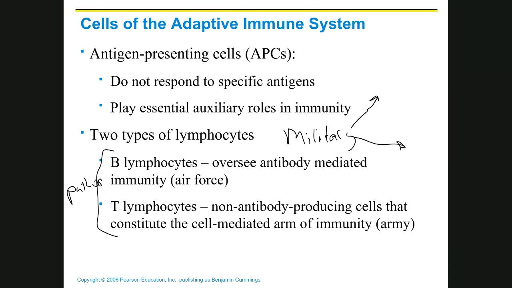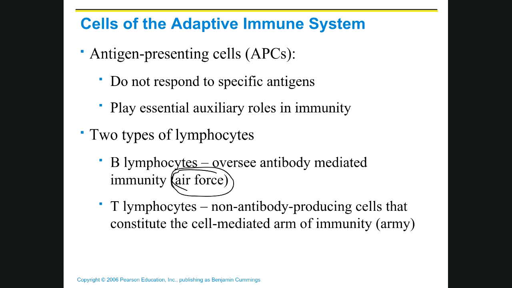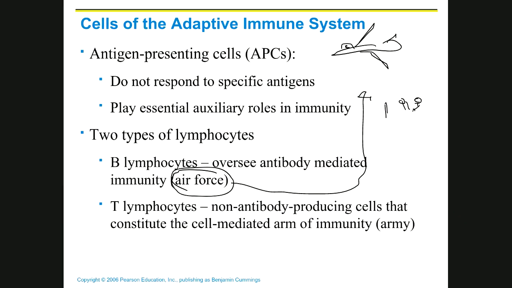B cells are similar to how the Air Force works. Think about the Air Force. You've got planes flying up in the air, so the one doing the fighting is up here, where his enemy's way down here somewhere. They're on the ground or on a ship or something like that, but there's a long distance between them.